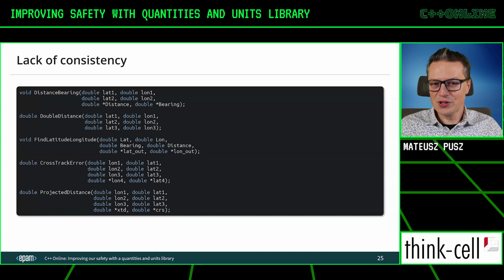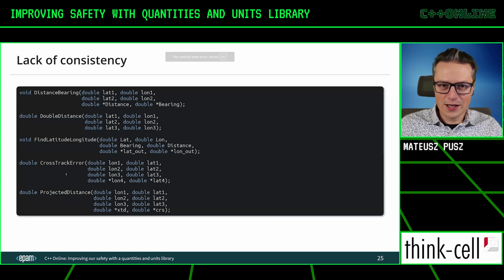Also, another interesting case is the lack of consistency. This is the same header file. Those functions are written one after another in the same header file in the project. And notice that in the very first functions, you see lat, lon, and then lat, lon, and then longitude, latitude. And again, the same in the inverse order. And as I said, this is the same header file.